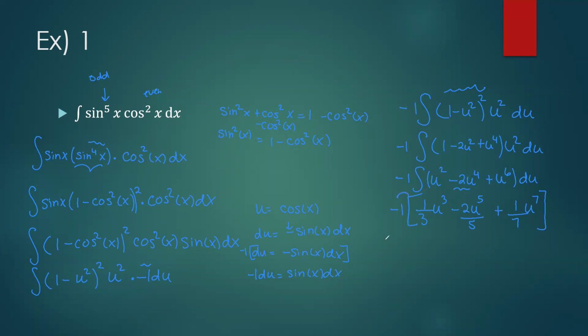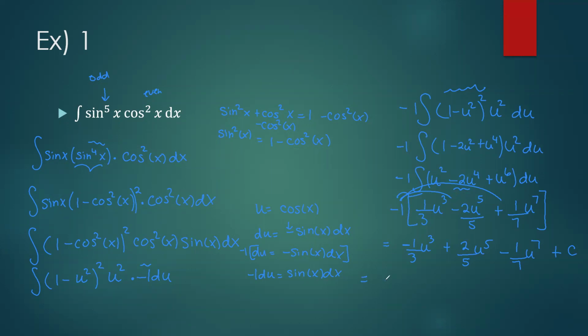So when I FOIL that out, I get negative 1/3 u to the 3. This would be positive 2/5 u to the 5. And then this would be negative 1/7 u to the 7. And then lastly, just replace your u with cosine x, because that's what we said.